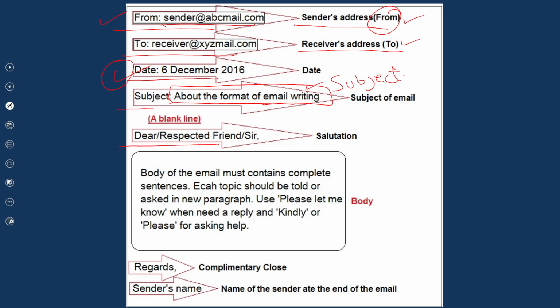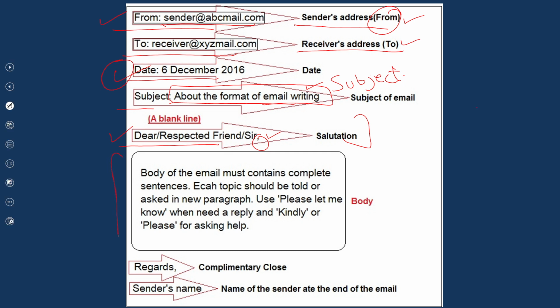Then you can have your salutation in emails as well. Dear, respected, friend or sir, followed by a comma. So respected principal, respected owner, respected CEO, COO, to whomever you're writing the letter.